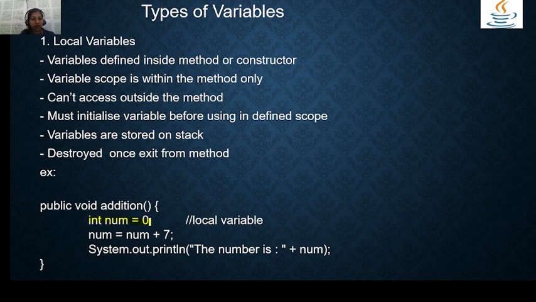Integer num is equal to 0, it is a local variable. num is equal to num plus 7, we are just doing some data manipulation for that variable, and then System.out.println the number is num, and a close curly bracket. So if you are trying to access the number outside this method, then you are not allowed, because that scope is in the method only.